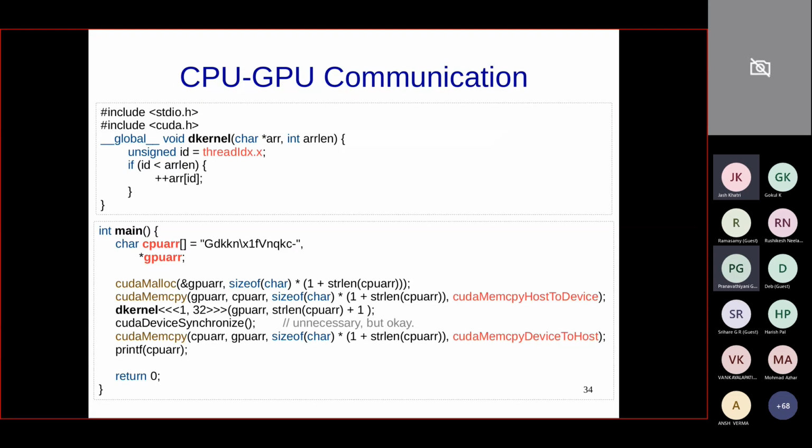Please try it in your notes or somewhere online, and post the answer on the chat. I'll wait for a couple of seconds, or probably a minute, and then we'll move on.